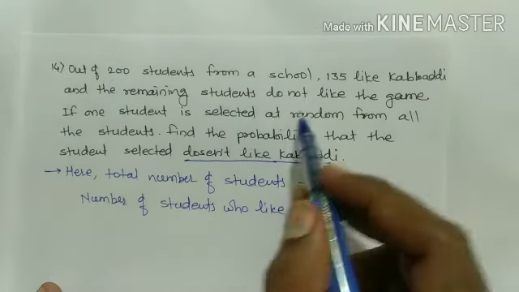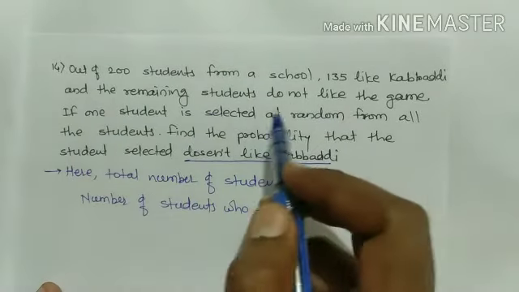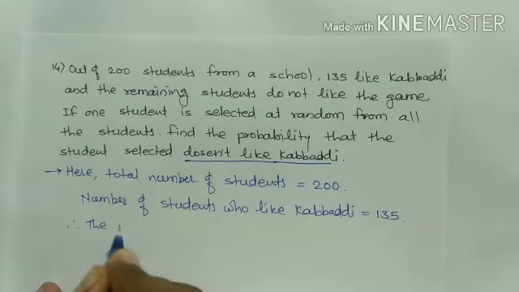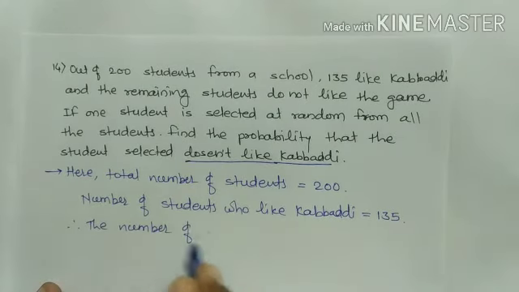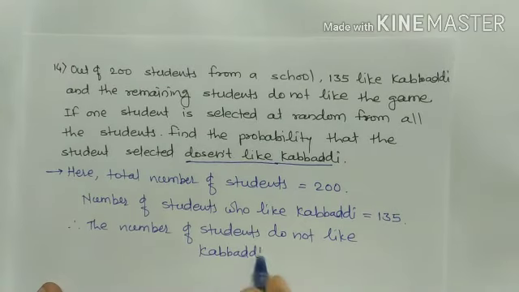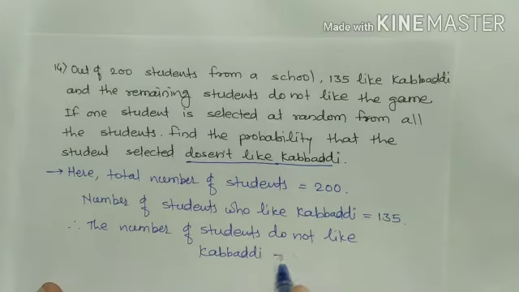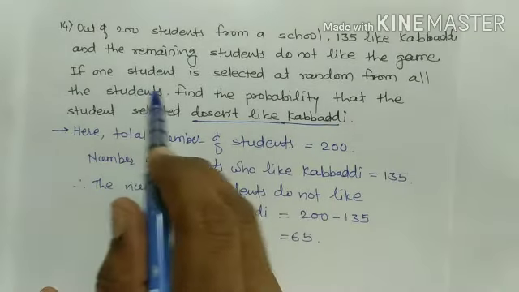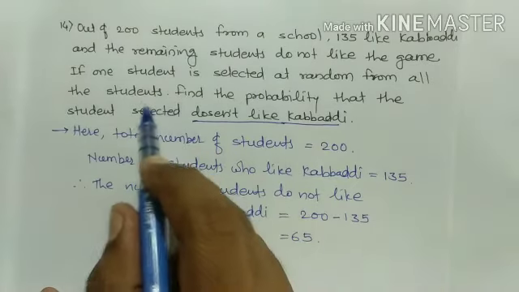Here it is given that the remaining students do not like the game. Therefore, the number of students who do not like kabaddi, or the game which is given. Which game is given? It is kabaddi. So it equals 200 minus 135 equals 65.